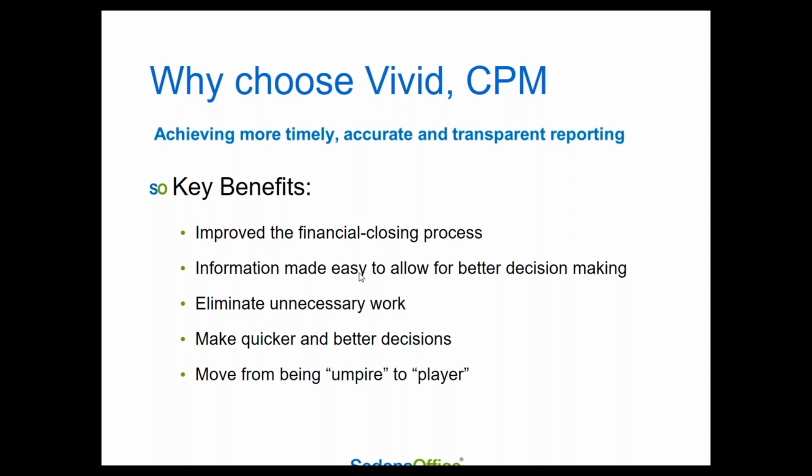So some of the processes that you might include, we talked earlier about the in-month lists of stuff that you'd want to get done during the month as opposed to waiting for the end of the month. And I think there's some key pieces there that you could put in place now to help speed the process up at month end. Now, Vivid will definitely increase your ability to produce financials. There's no doubt about that.